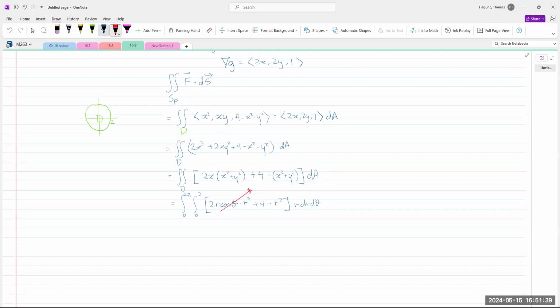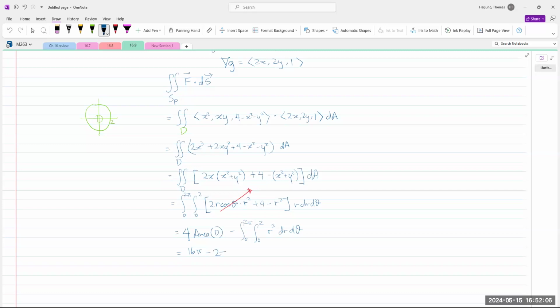Okay, and we will have 4 times the area of D minus the double integral from 0 to 2 pi, 0 to 2 of r cubed dr d theta. So this is 16 pi, because the area of D is 4 pi, right?